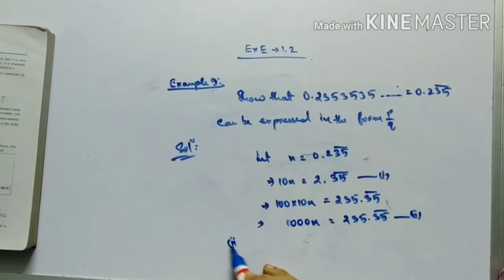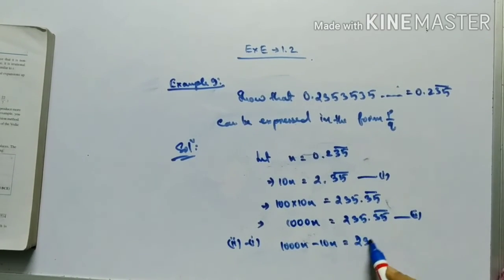Now equation 2 minus 1: 1000x minus 10x equals 235.35 bar minus 2.35 bar. So ultimately I will get 233, and on this side 990x equals 233.